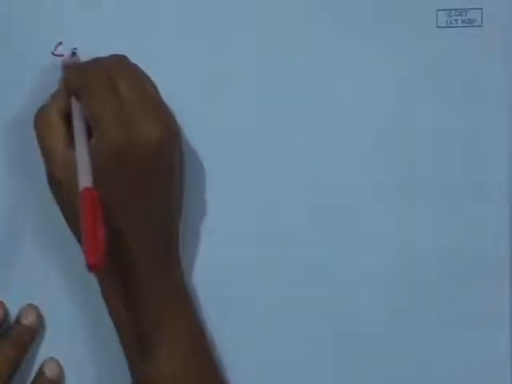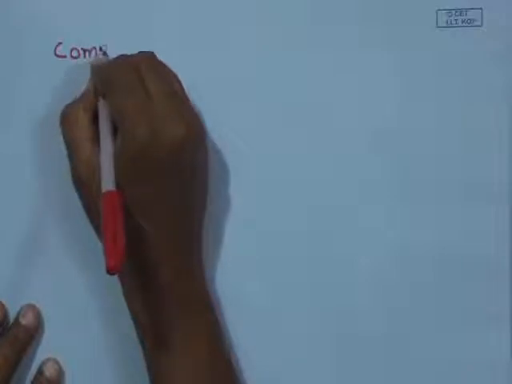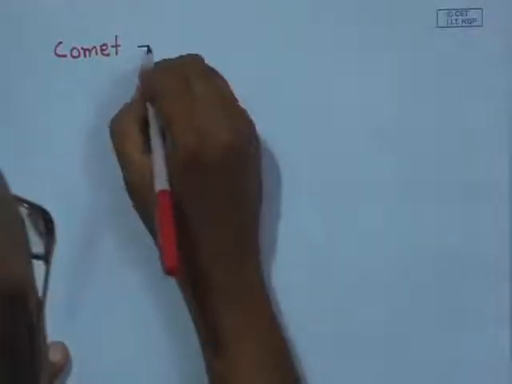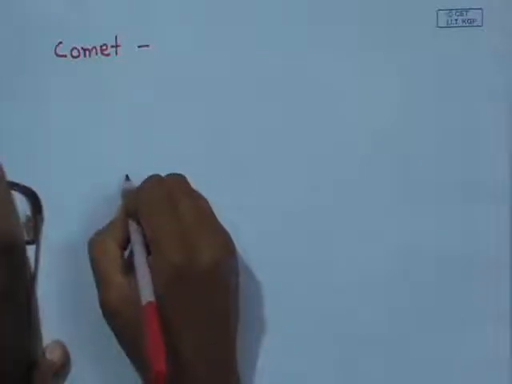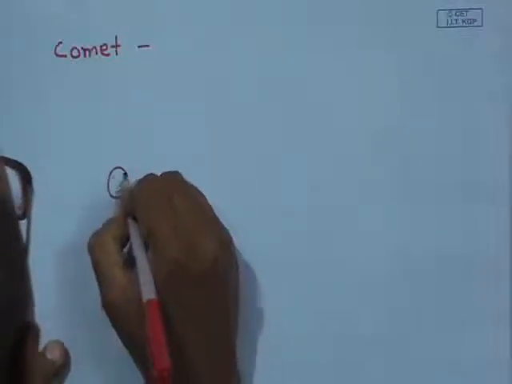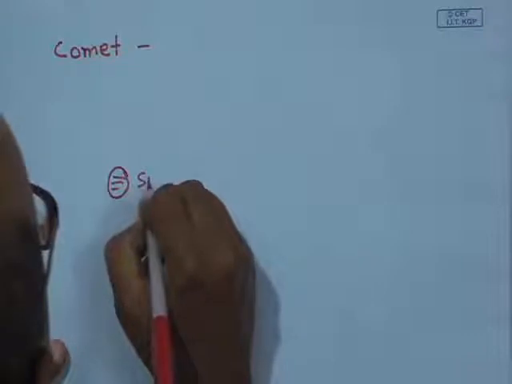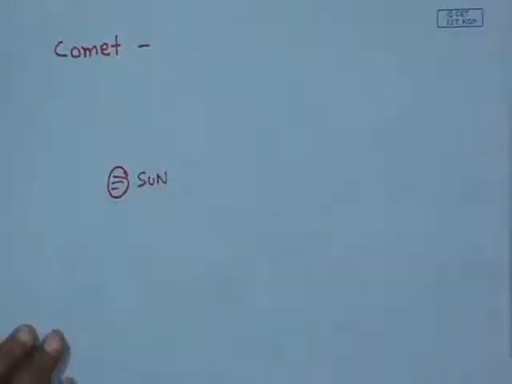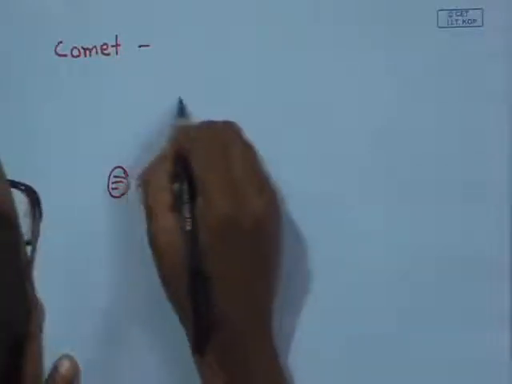The problem is on Keplerian orbits. Let me state the problem first. The problem is as follows: there is a comet which is observed in motion around the Sun. So, this is the Sun, and there is a comet observed in motion around the Sun.